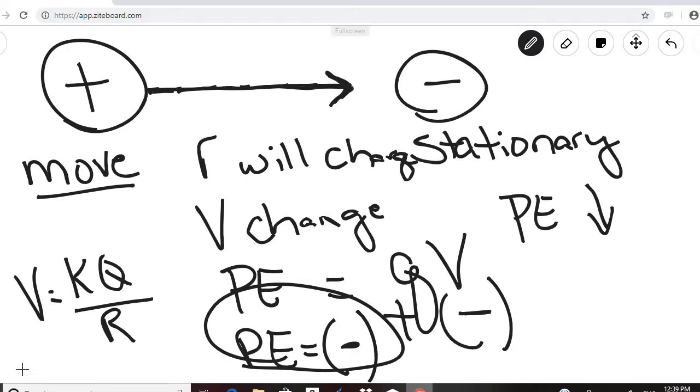So potential energy is decreasing, which means that kinetic energy must be increasing. And according to the first law of thermodynamics, that has to happen.